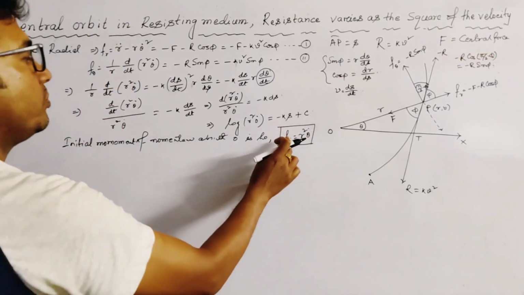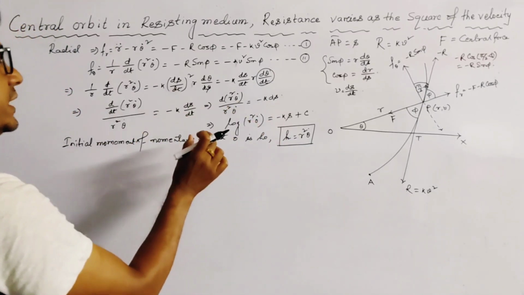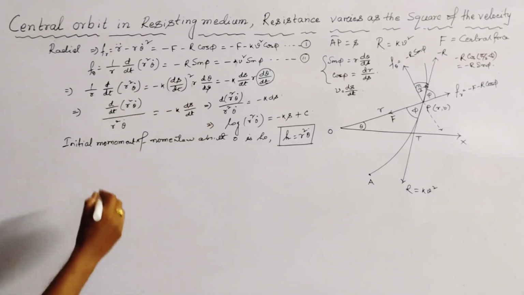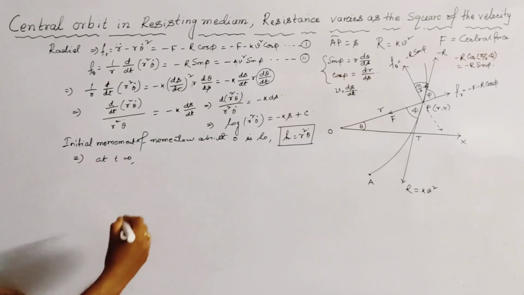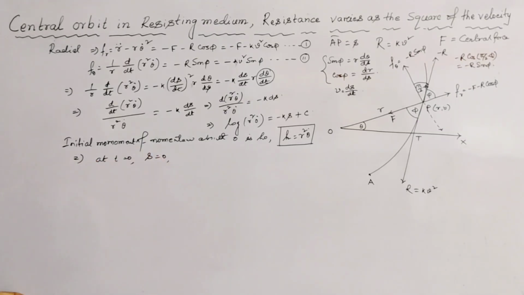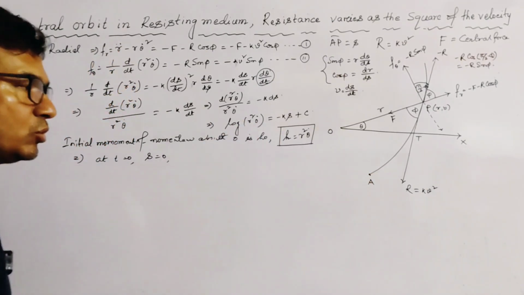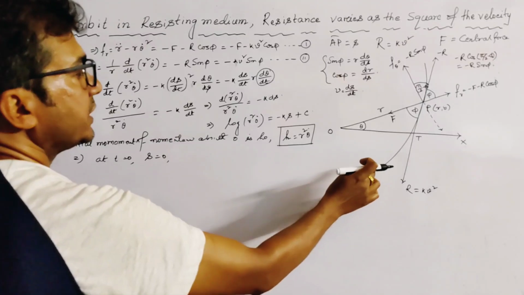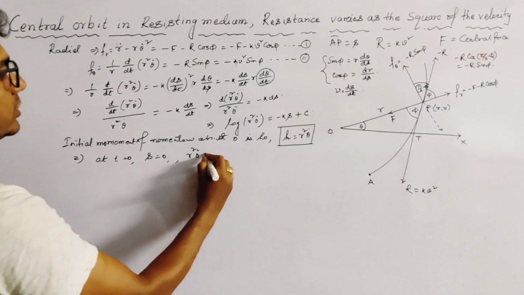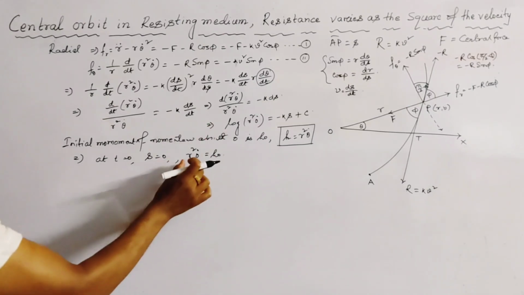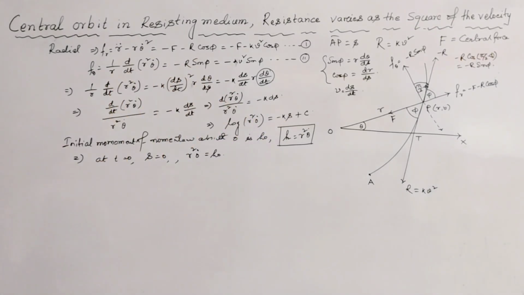So we put r square theta dot equal to h and apply the initial condition: at t equal to 0, initial s is equal to 0, because at the initial position the particle is at A, where s equals 0, and we measure s from A, and r square theta dot is equal to h0.